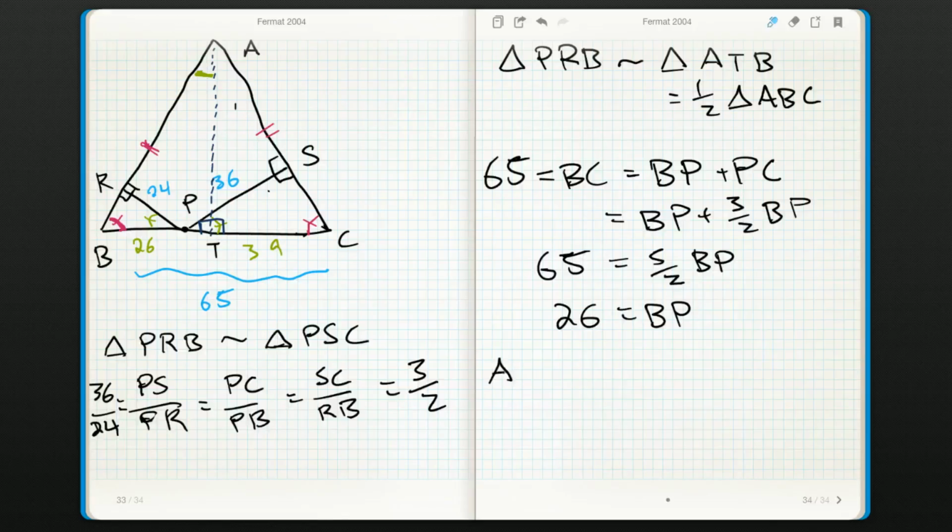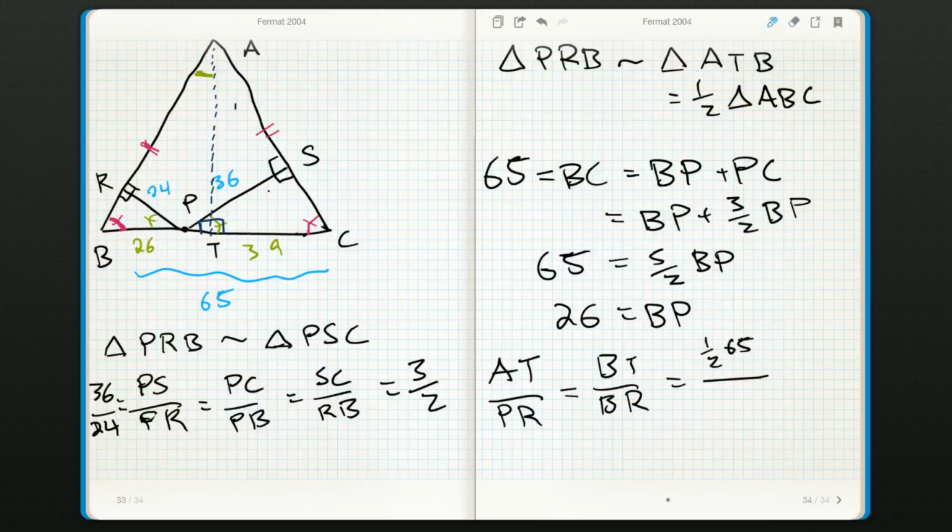Now, AT over PR is the same as BT over BR. BT here is 1/2 of 65, because he's the midpoint. He's got to be the midpoint. He's an altitude.